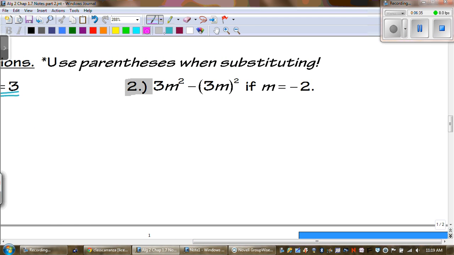Okay. So they tell us right here what m is. Anytime you're substituting, make sure to put it inside parentheses. Okay, now we have to do parentheses first, so what's inside?